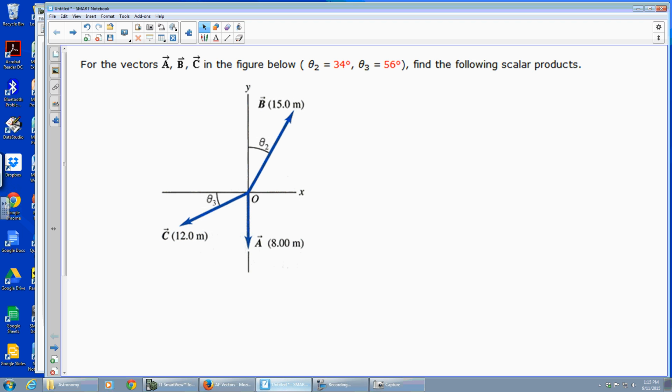All right. Remember, with a dot product, we're doing the parallel sections of them. For the first one, I'm going to redraw it just to bring it to mind.